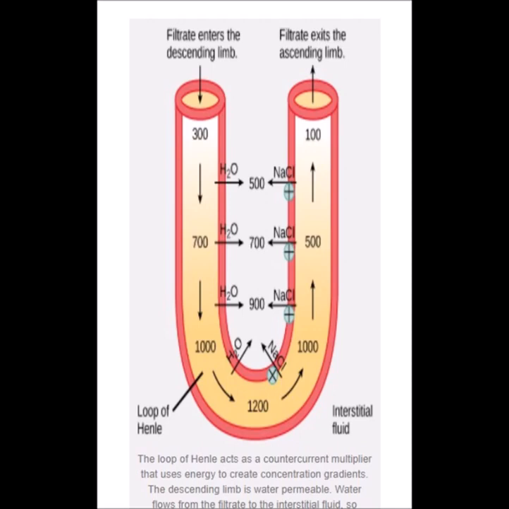Sodium ion is the most abundant ion, and most of it is reabsorbed by active transport and then transported to the peritubular capillaries. Because sodium ion is actively transported out of the tubule, water follows it to even out the osmotic pressure. Water is also independently reabsorbed into the peritubular capillaries due to the presence of aquaporins or water channels.